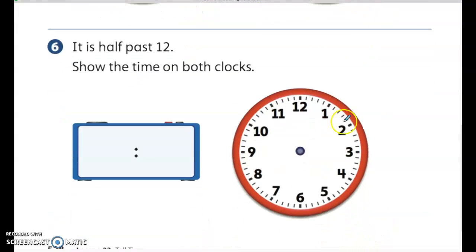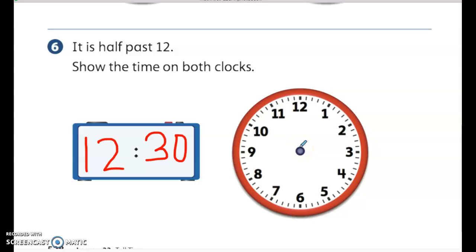So let's go down here. Past 12 o'clock. So 12 o'clock is the hour. And remember, how many minutes is it for half the time on the clock? You're right, it's 30 minutes. 12:30.